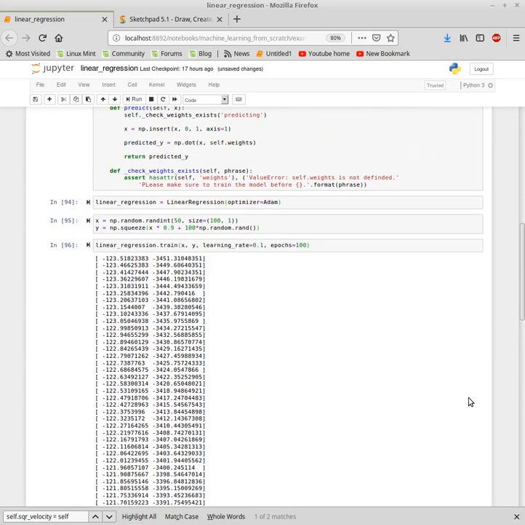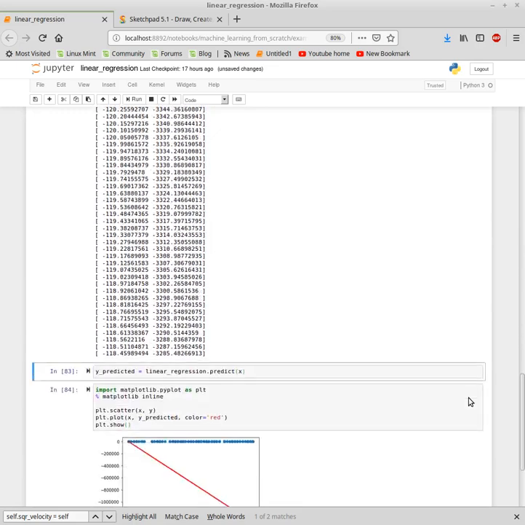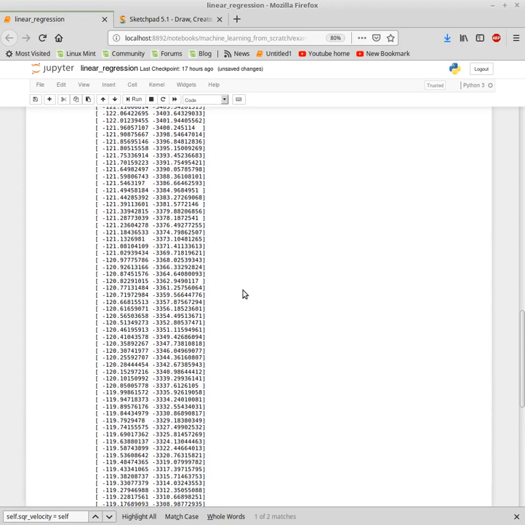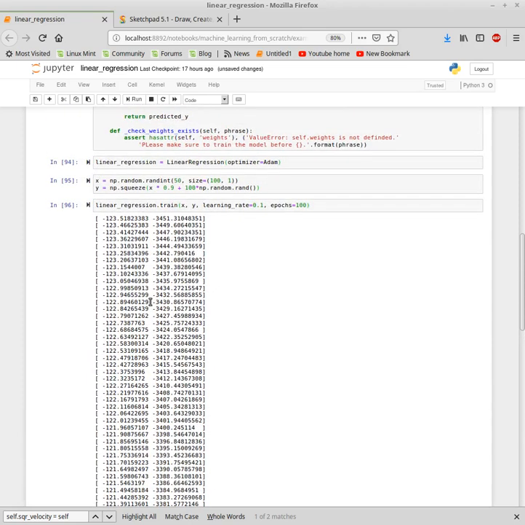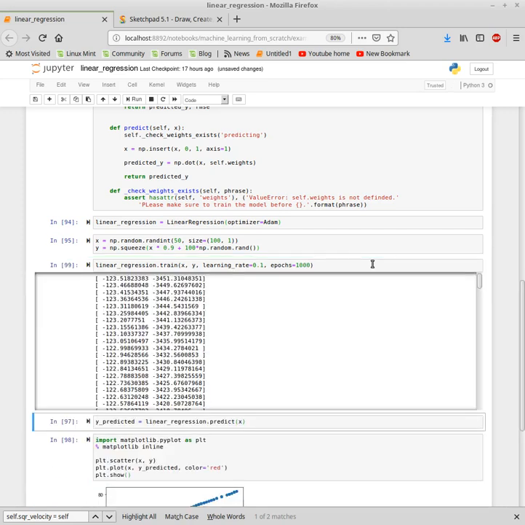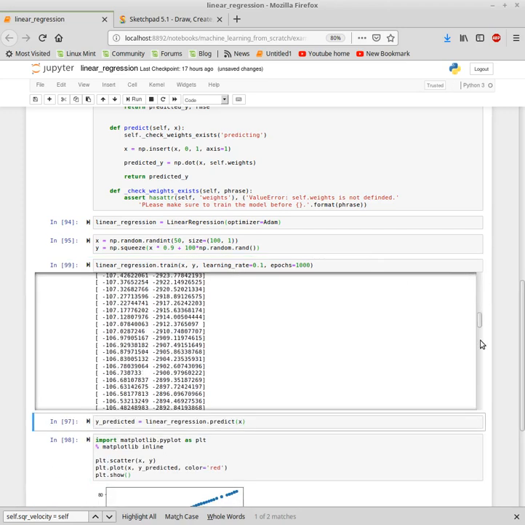Alright. So we see that the gradient is getting smaller really slowly. So what if we did more epochs? Is it getting smaller?